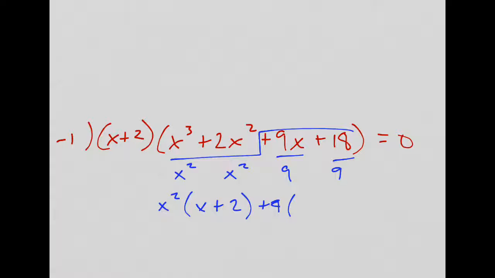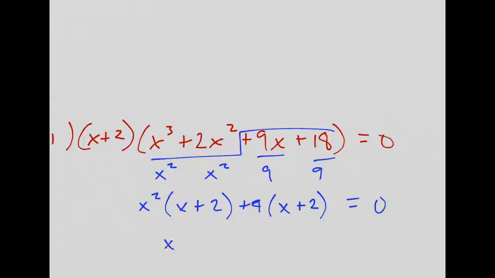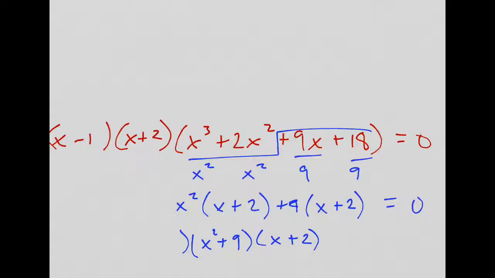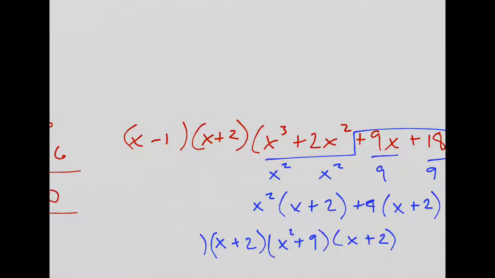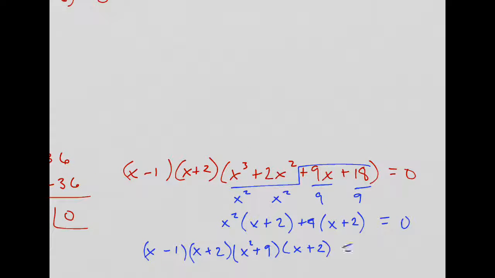Larry's gone. X plus 2 equals, yep, this works. X squared plus 9 and x plus 2, right? And then we have x plus 2 and x minus 1. So we tried to factor, and it worked out this time.